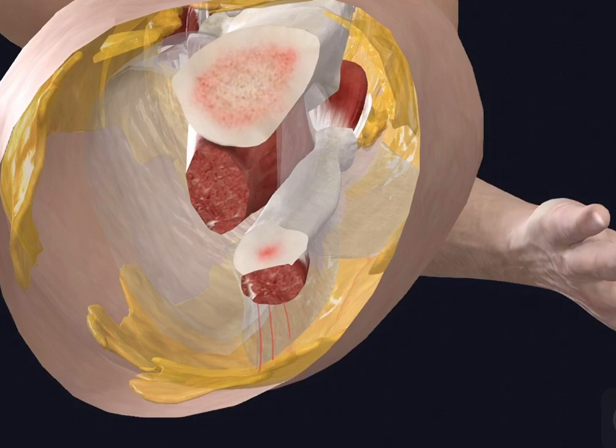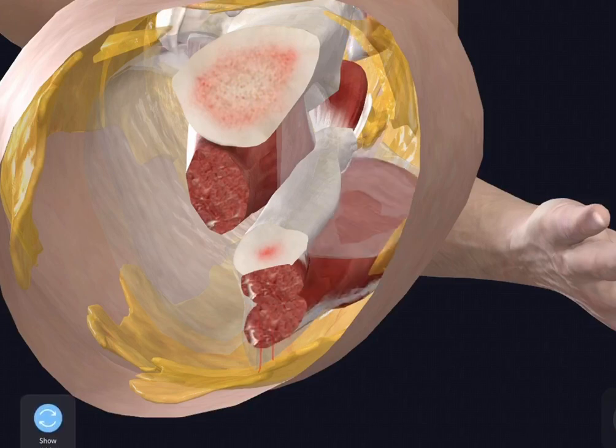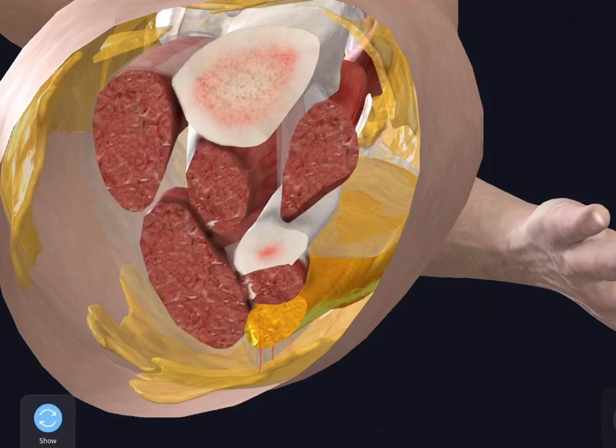The next layer of muscle would be fibularis longus. It lies over the fibularis brevis. So on the lateral surface of the fibula you have fibularis brevis and then fibularis longus muscle. Now next, you have got something on the medial surface of the fibula.